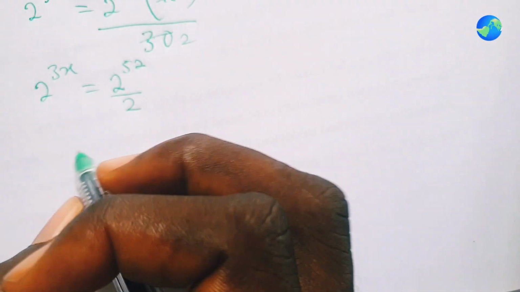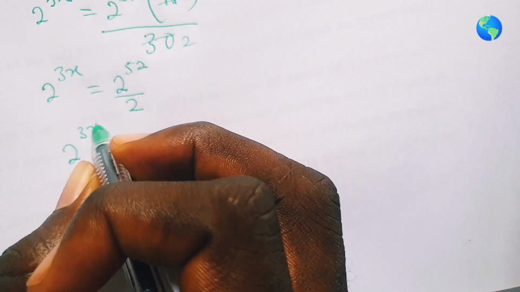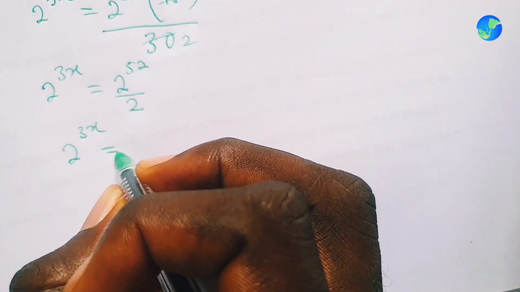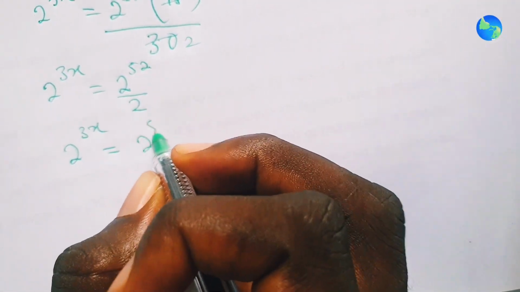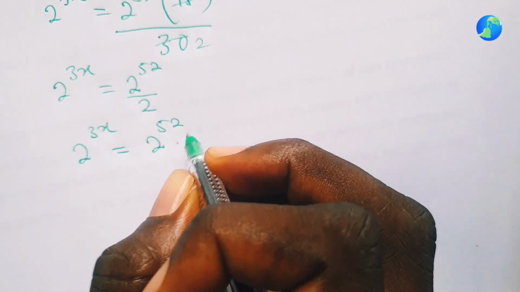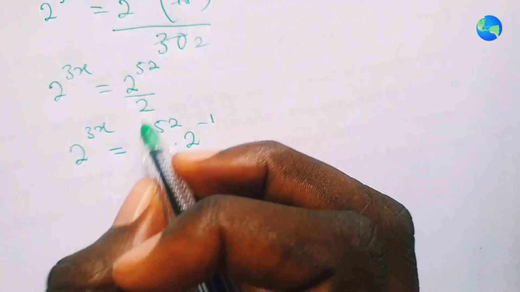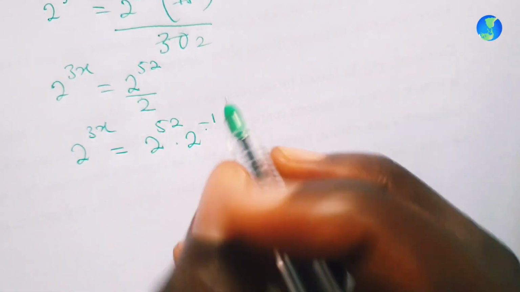So I can rewrite this to be 2 power 3x is equals to 2 power 52 times 2 power minus 1, because of the 2 we have underneath, when it goes up, it becomes this, right?